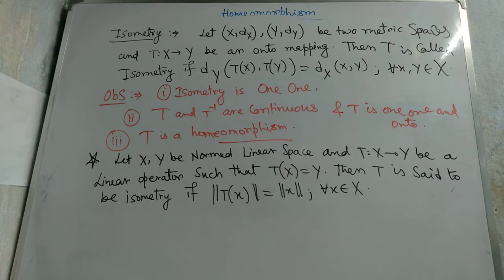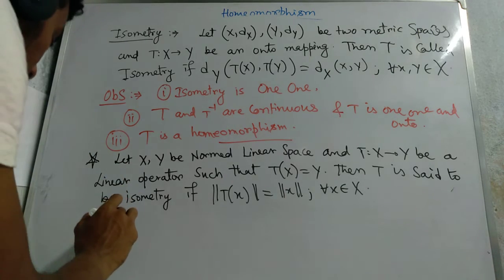In the previous theorem, T is a homeomorphism, but the norm of T may not be 1. Okay, but for isometry, ‖T‖ equal to 1.